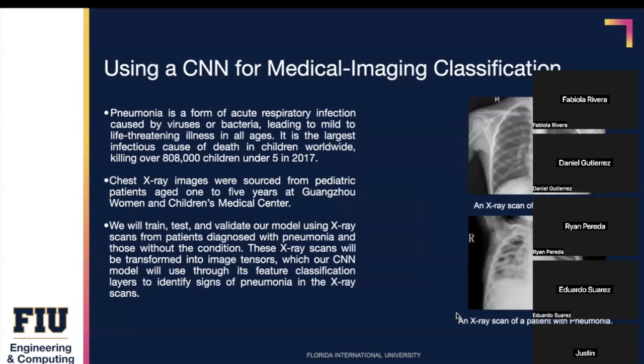Pneumonia is a form of acute respiratory infection caused by viruses or bacteria, and it leads to mild to life-threatening illnesses in all ages. It's the largest infectious cause of death in children worldwide, killing over 808,000 children under 5 in 2017. These chest X-ray images were sourced from pediatric patients aged 1 to 5 years old at Guangzhou Women and Children's Medical Center.